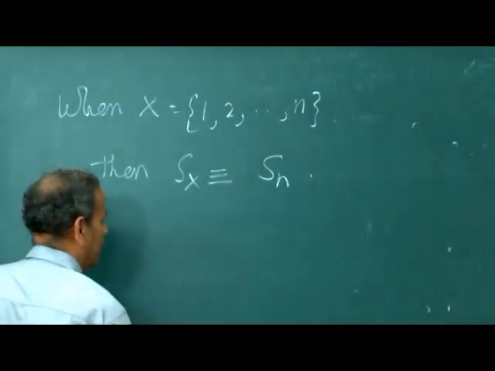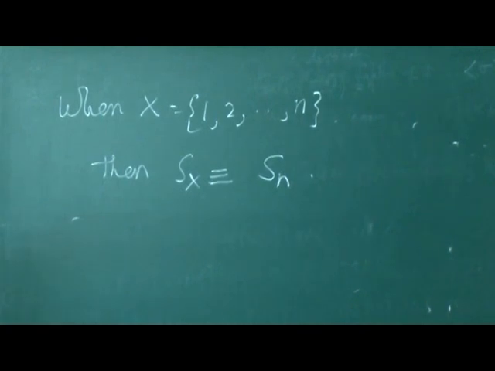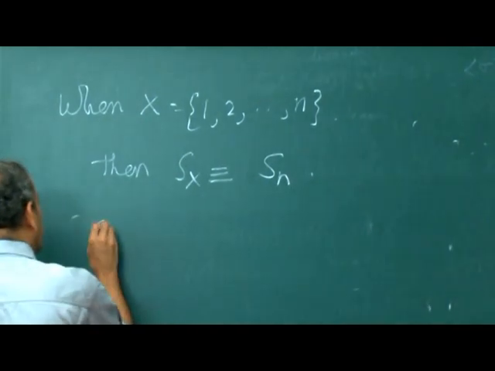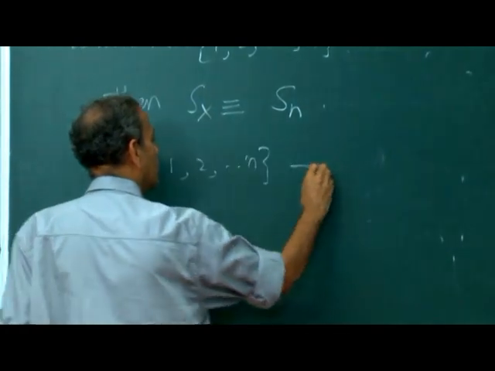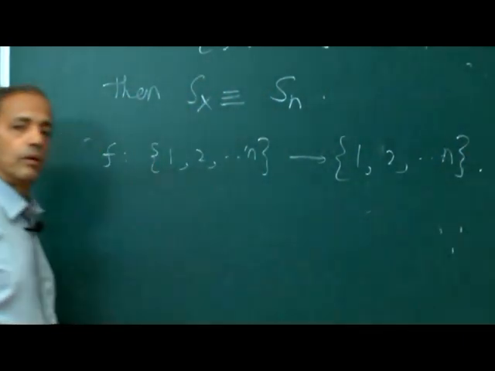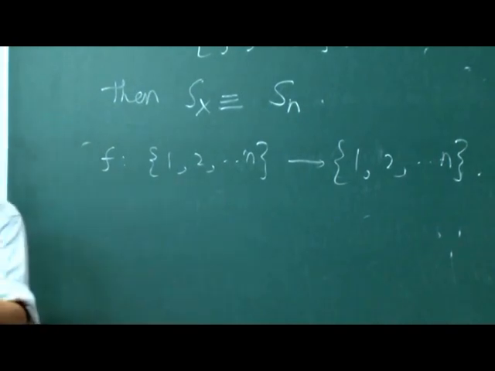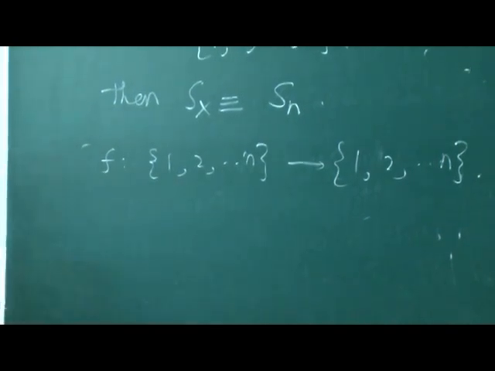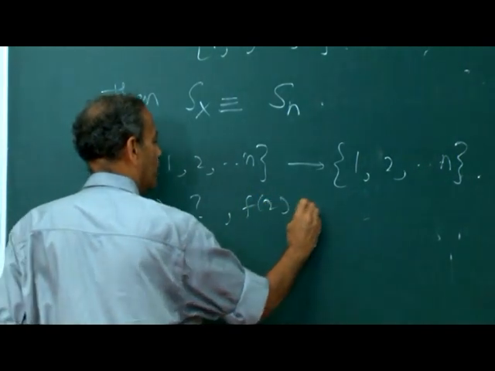How do I represent a function f from the set 1 to n to itself? To give this function is to give where each and every element 1 to n is going. I have to describe what is f of 1, what is f of 2, etc.